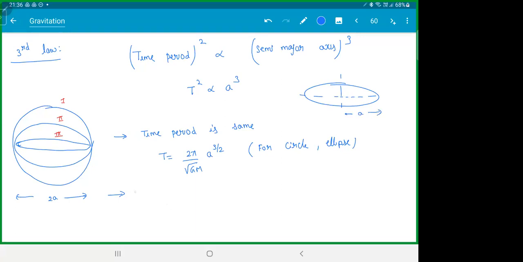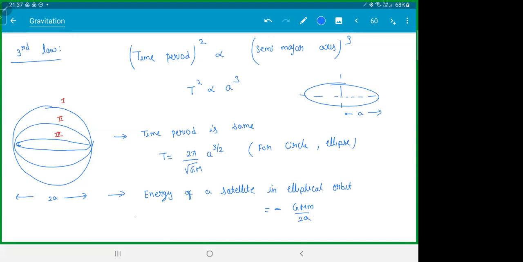Okay. The third question was this: who has more energy? This we will prove later on. The energy of a satellite in an elliptical orbit is minus GMm by 2a, where a is the semi-major axis.